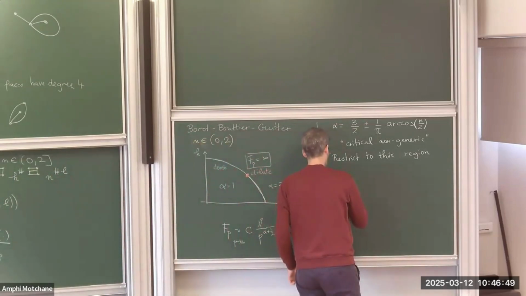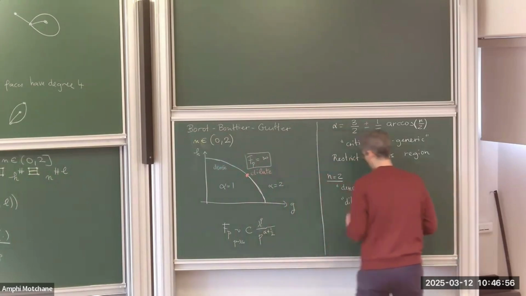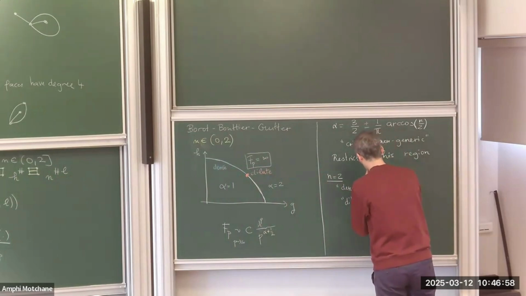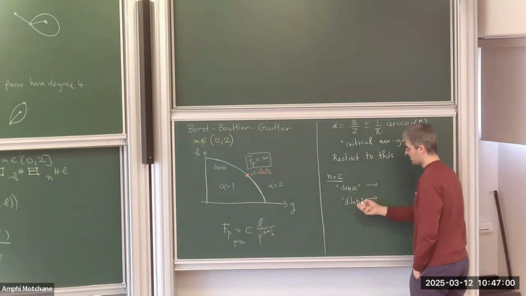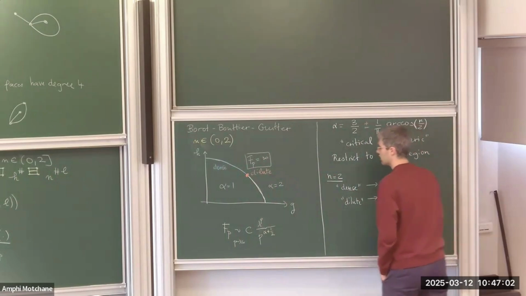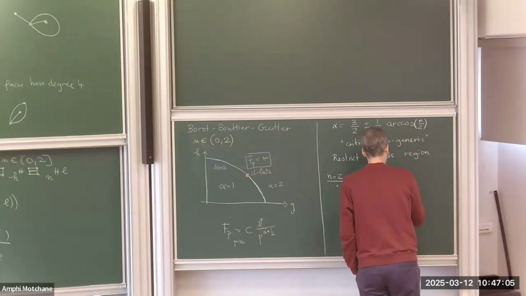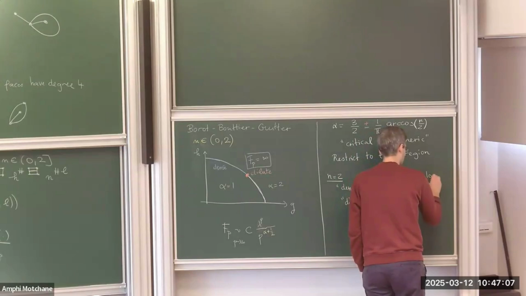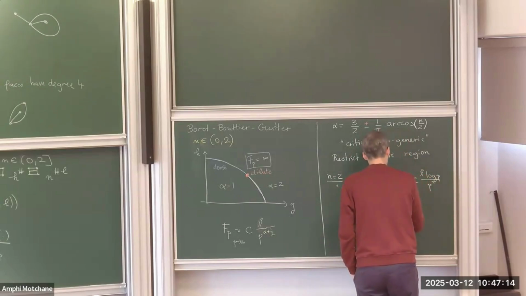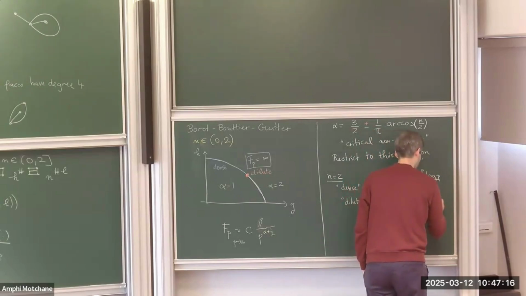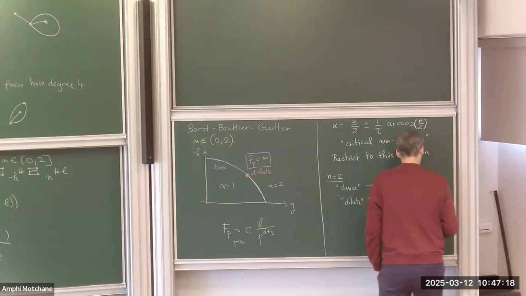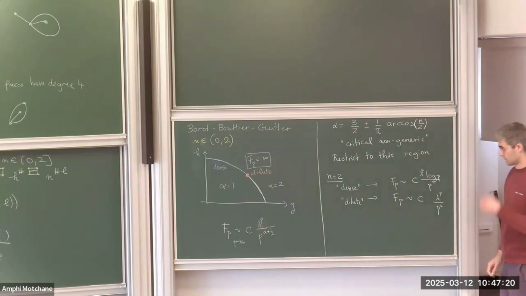And we can replace the behaviors in the dense and dilute case by, if we take limits in both directions, we get that F_p is a constant times lambda to the p, squared, or just p squared.